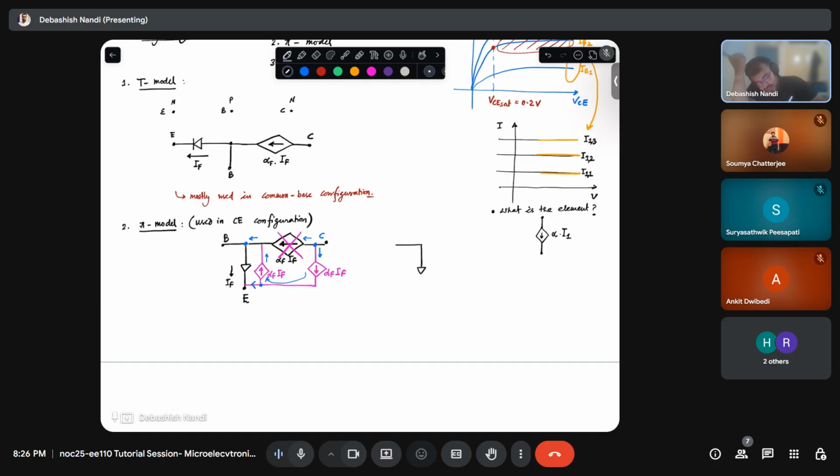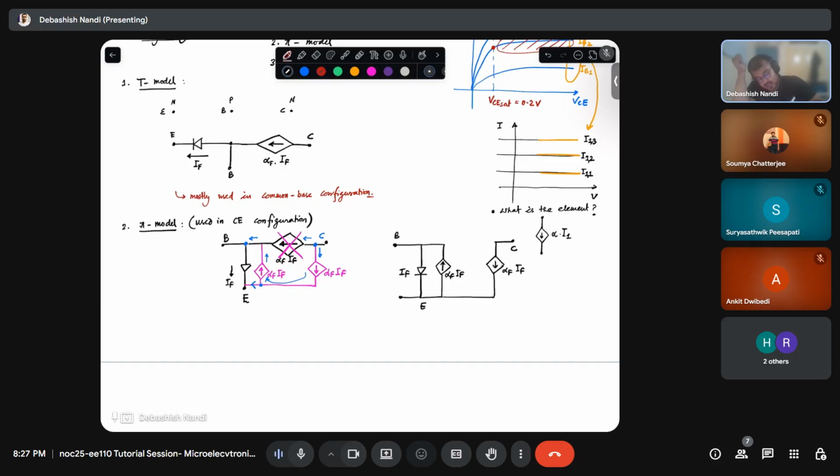So effectively my circuit becomes: this is collector, this is base, and this is my emitter. So this is my IF, this is alpha F IF, and this is also alpha F IF.